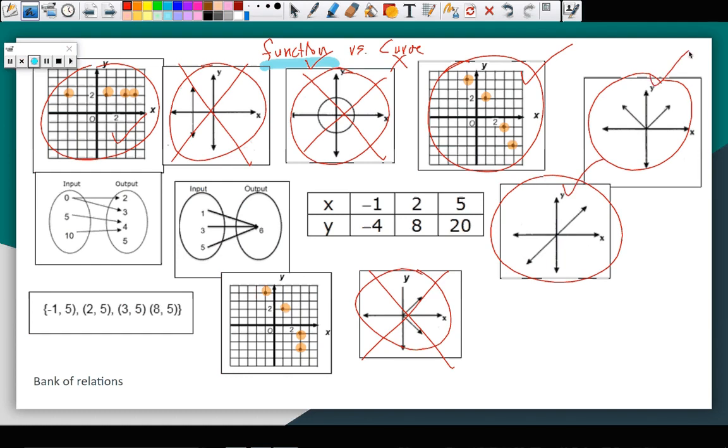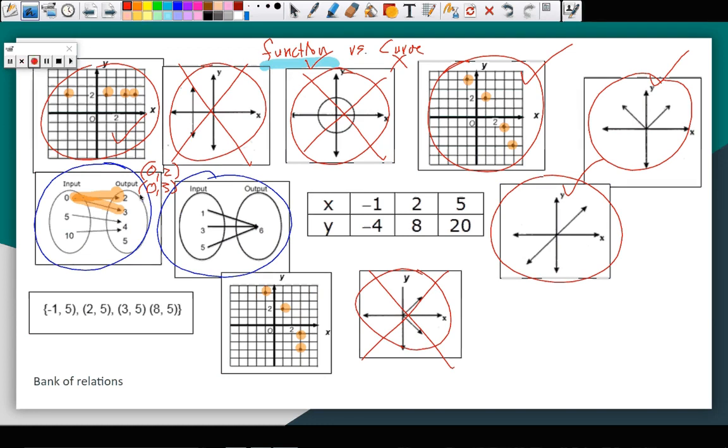All right. So now, let's look at these. These are a little bit different. These are mapping functions, as far as maybe it's a function, maybe it's not, okay? The thing that should stand out to you is the fact that 0 maps to 2 and 0 maps to 3. You may have learned this already, that 0 mapping to 2 is the point (0, 2). 0 mapping to 3 is (0, 3).